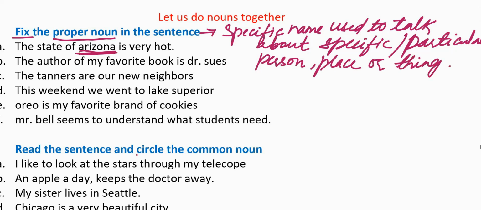A proper noun should be a word which should either refer to a particular person, a particular place or a particular thing. So here in this sentence, Arizona refers to a particular or a specific state in the US, and hence it is a proper noun.